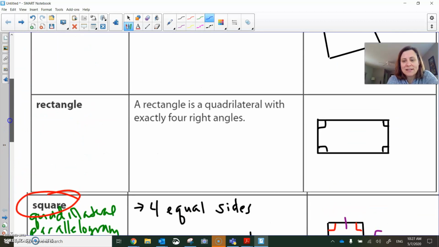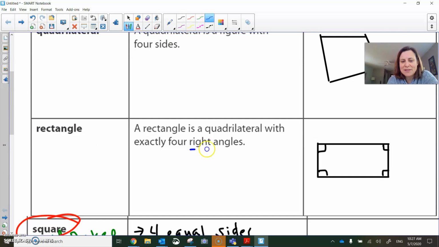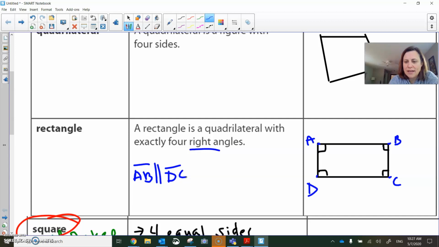Perpendicular happens when you have a right angle. So if I named this A, B, C, and D, it is true that AB is parallel to DC. That's this side and this side.